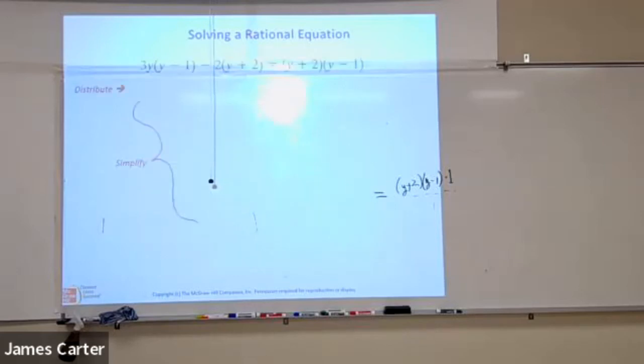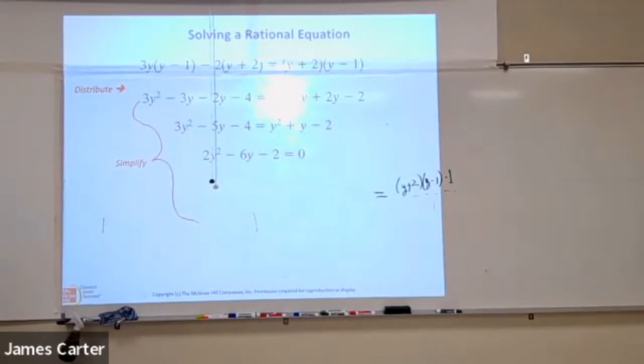Okay. Well, in this case, I've got that. I distribute this 3, I distribute that -2. I multiply out those 2, which gives me that business. Okay. And then I combine like terms and get them all on one side. I combine these like terms and get everything on one side.